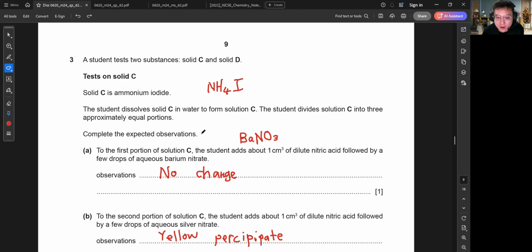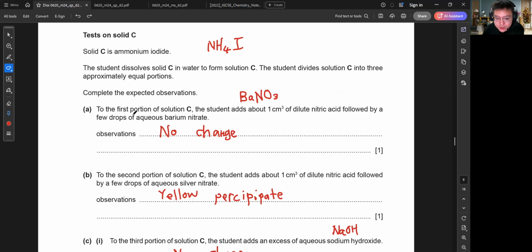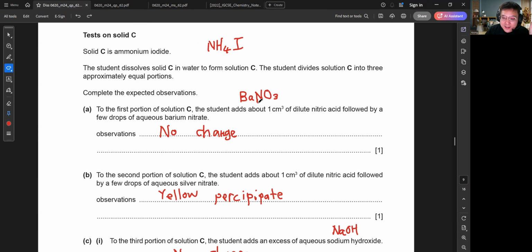Then it's divided into 3 equal portions, the expected observation. To the first one, the student adds 1 cm of dilute nitric acid followed by a few drops of aqueous barium nitrate. When we add 2 different things, there's a high chance that it comes from one of the tests at the back of the paper. So let's look at it again.